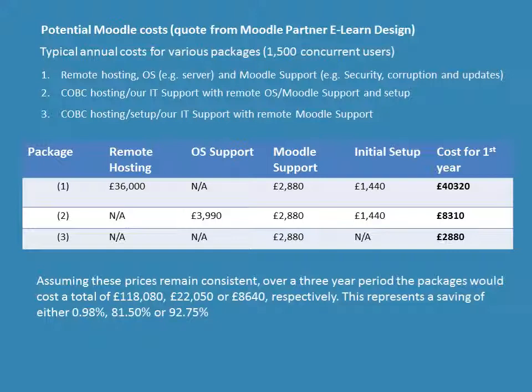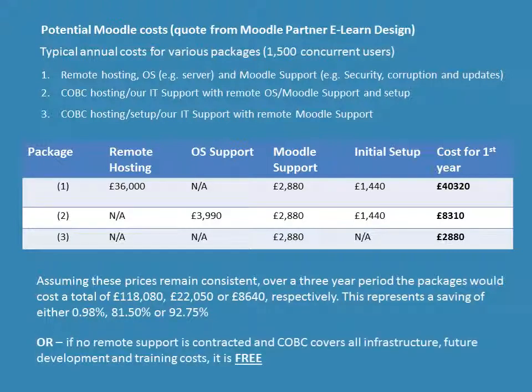So this represents a saving over Blackboard of not very much, 0.98%, or 81.5%, or 92.75%. Or if we don't go with the Moodle partner at all, we just rely on ourselves covering all the infrastructure, future development and training and support, it is actually free.